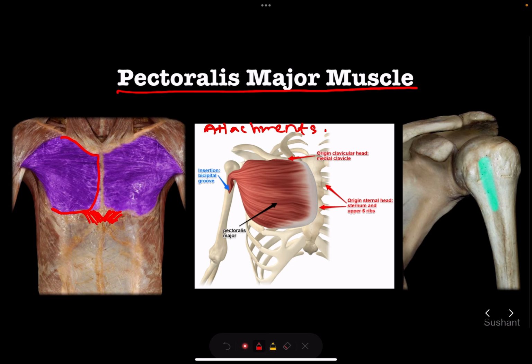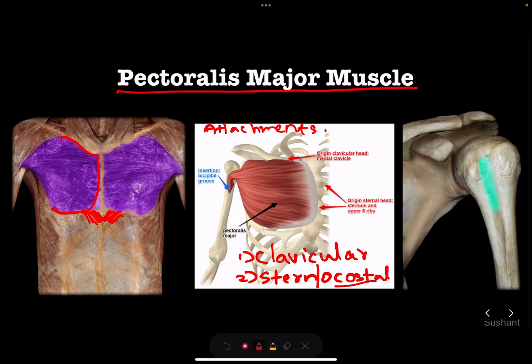Accordingly, we have two heads of origin. One is the clavicular head of the pectoralis major. The second one is the sternocostal head, which arises from a part of the sternum and also from the costal cartilages and the ribs.